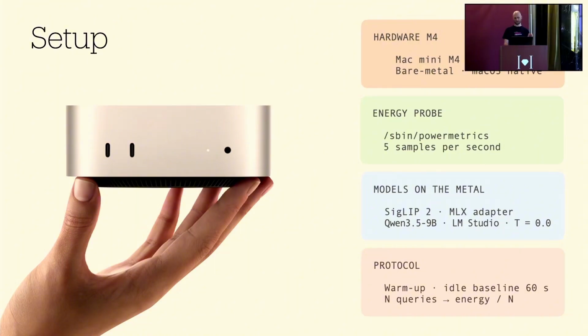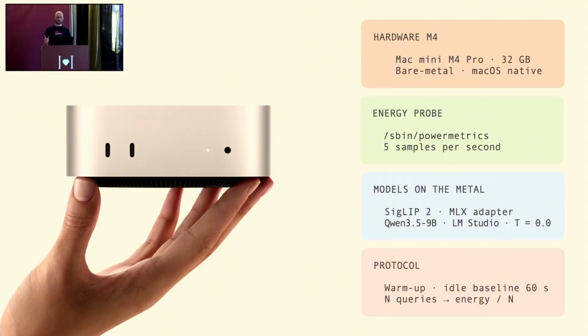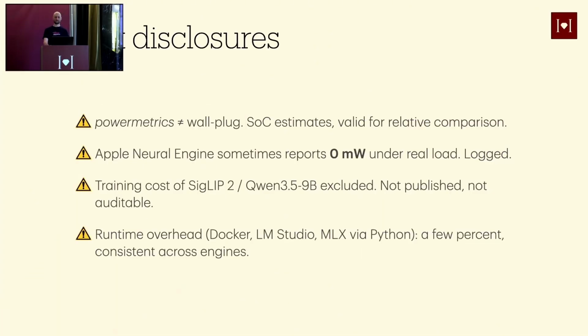It's not a wall socket measure, but it's consistent across runs. Both LLM models run natively: SigLIP 2 through an MLX adapter, Qwen on LM Studio at temperature 0.0. It's reproducible by anyone with a Mac in a weekend.